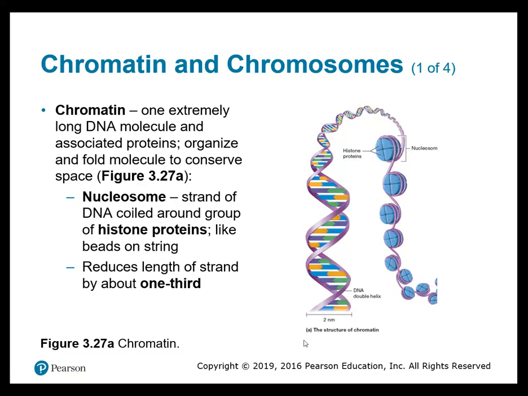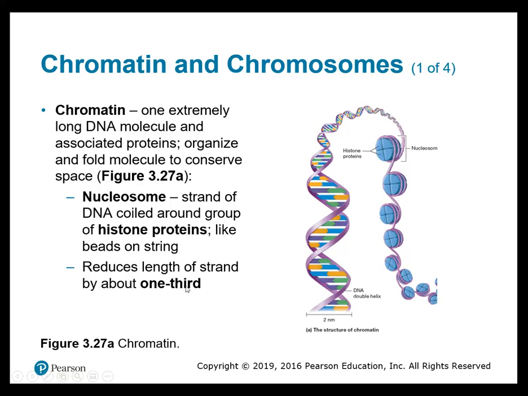Chromatin, which is loose DNA, has to be folded and shifted for space reasons. There are little proteins called histones that act like the reel on a rod and reel, and they will actually twist the DNA up. Once you have some DNA wrapped around a histone, that's called a nucleosome.